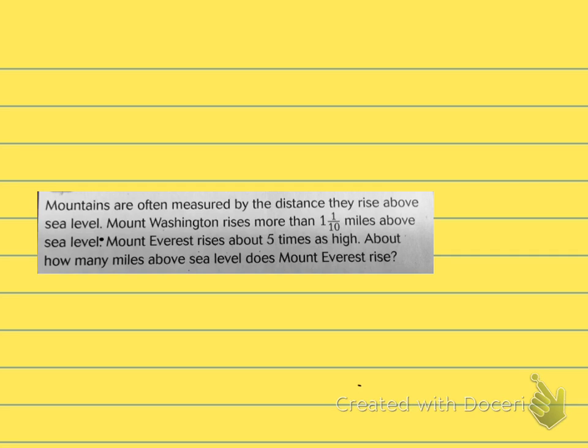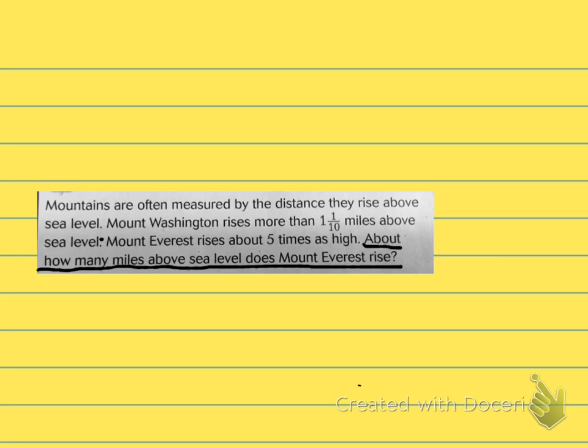I'm going to go right back into the problem and answer my questions. What do I need to find? Well, I need to find about how many miles above sea level does Mount Everest rise? Now, what information am I going to use to help me find this?